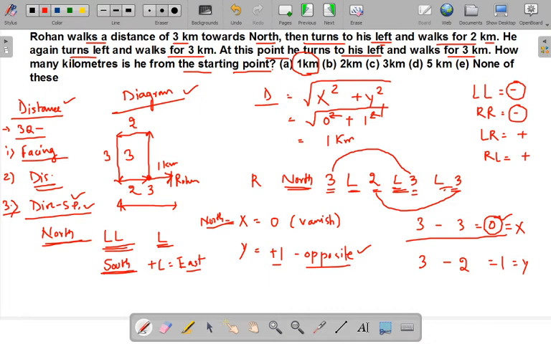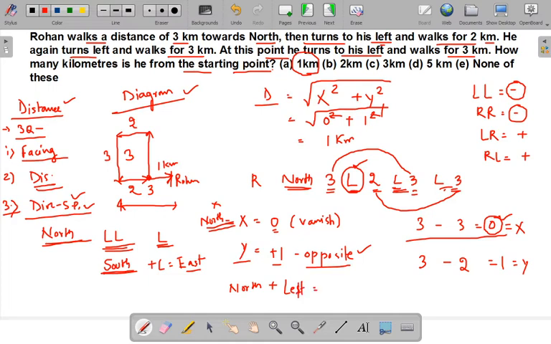Since the value of x is 0, the direction of x is gone, and the direction of y is north plus this first direction, which is left.